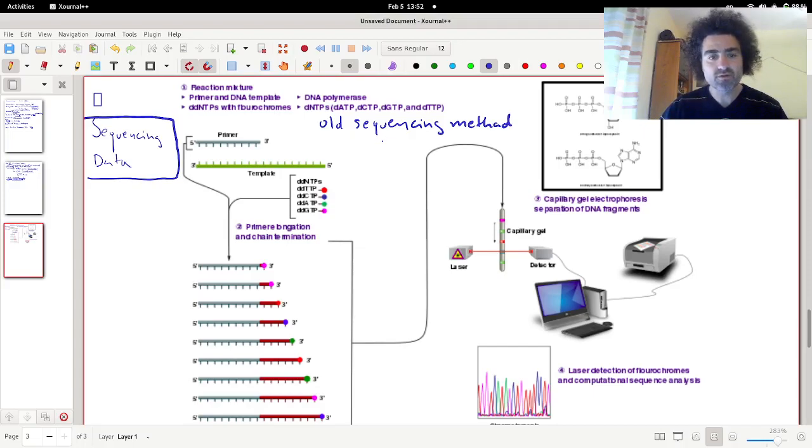Okay, they use it also nowadays to test things and get some specific regions of the genome, but what you should keep in mind is that this Sanger sequencing method is not a suitable method for obtaining whole genome data.